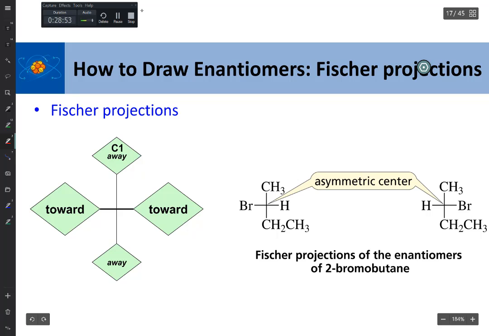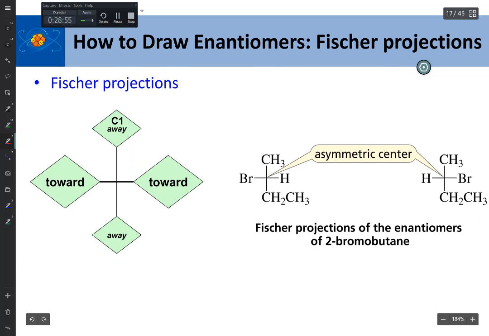So I'm going to teach you another way, Fischer projections. Same guy who discovered all the sugars. Like he discovered the structures for glucose and fructose. He did quite a bit of important work in determining what all the structures of the sugars are. Turns out a sugar like glucose has 4 stereocenters.